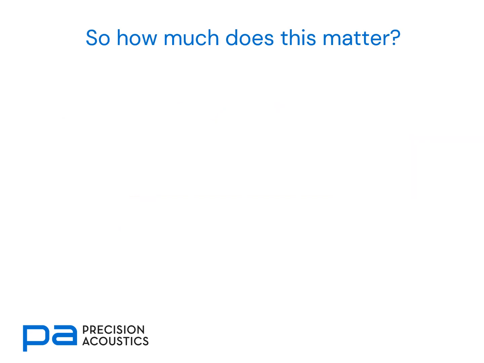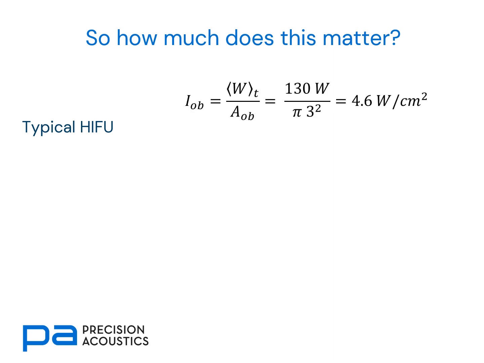You may ask, so how much does all of this matter? So let's consider a few examples. If we consider a typical HIFU transducer, we can see that we have an output beam intensity that's been derived from 130 watts of power radiating through an aperture of 6 centimetres diameter, which is 3 centimetres radius, and therefore we see an output beam intensity of 4.6 watts per centimetre squared.